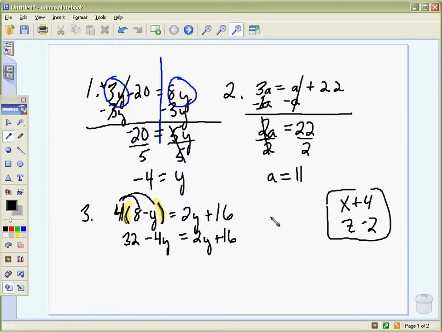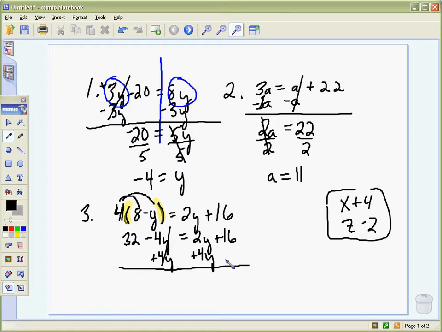Now we're in the same shape as we were up here to start with on numbers 1 and 2. We have variables on each side of the equal sign. Since my variables are positive over here on the right side, and I have a minus 4y on the left side, I'm going to choose to add the 4y to each side. This makes this go away.